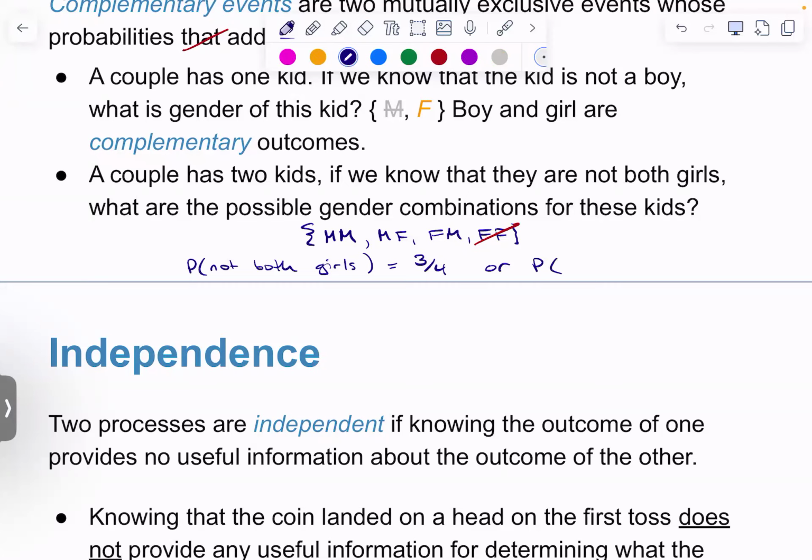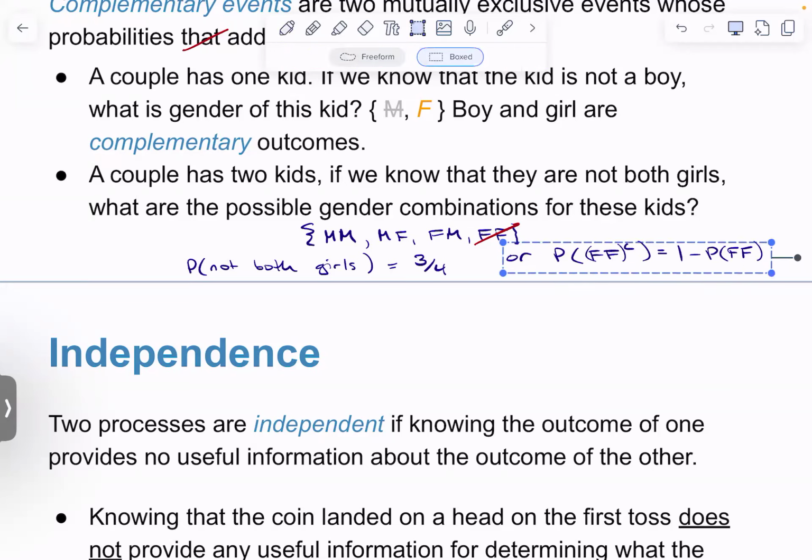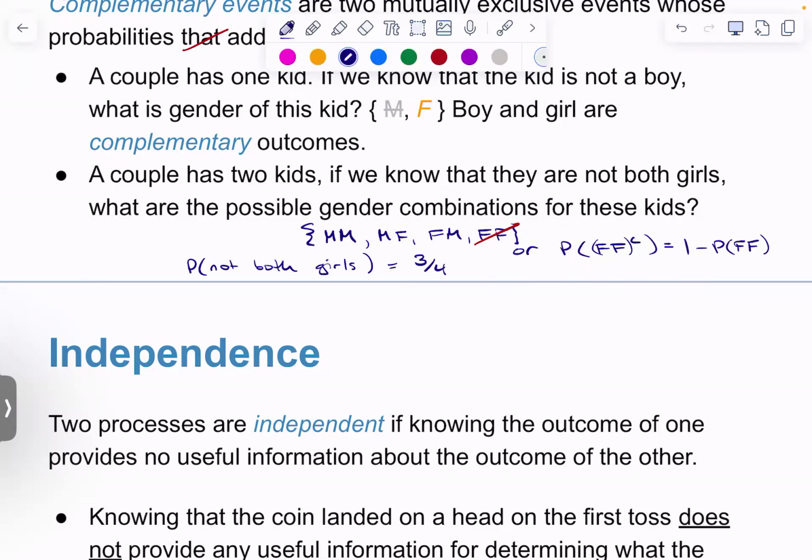The probability of the complement of female-female. From your formula sheet, the probability of the complement is 1 minus the probability that it is, which is 1 minus a quarter, which is 3/4. Same thing. So 2 different ways that you could get to that probability.